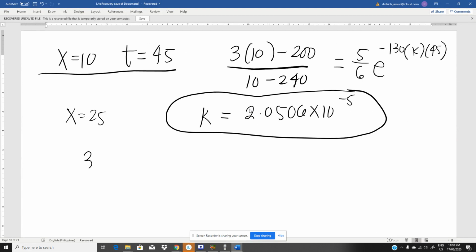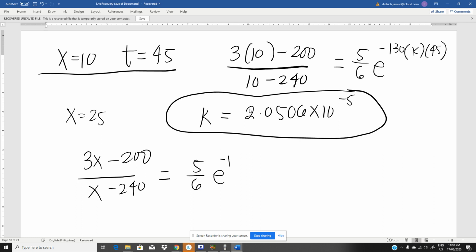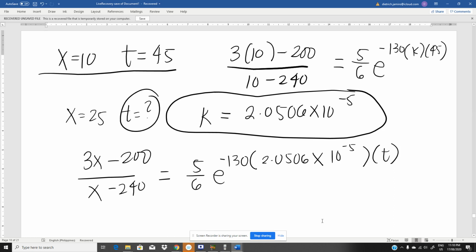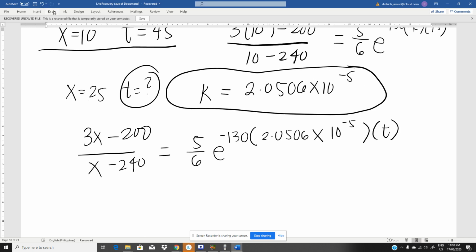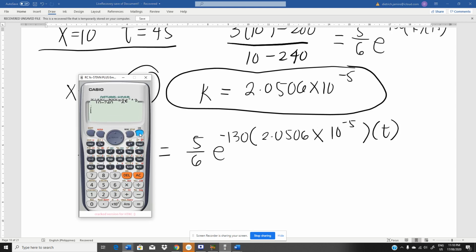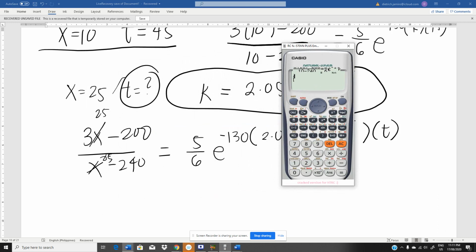So substituting this, we have 3x minus 200 all over x minus 240 is equal to 5 over 6 exponential of negative 130 multiplied by 2.0506 times 10 raised to negative 5 times t, because that's what we're looking for, t. I'll substitute 25 for x.